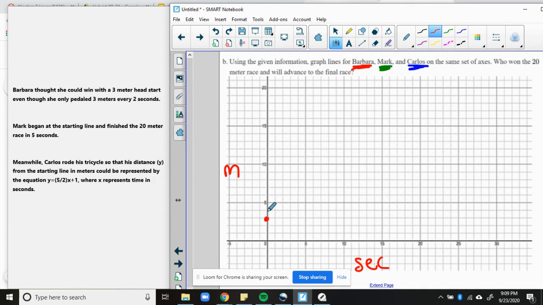So meters, I went up 3 every 2 seconds. So 3 meters, 2 seconds, 1, 2, 3. And then using a straight edge, we're going to draw a line.